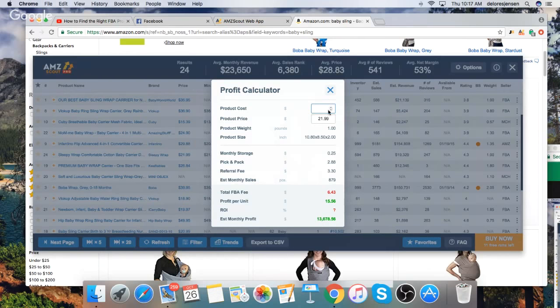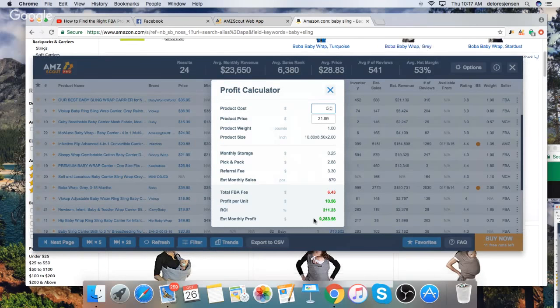But look, if the cost is $5, then your ROI is 211%, and your profit per unit is $10. Including the Amazon fees, 6 plus 5 is 11, and your product price is $21. So that leaves you making $10 per unit, and that's basically double, 200% of what this product is costing you.